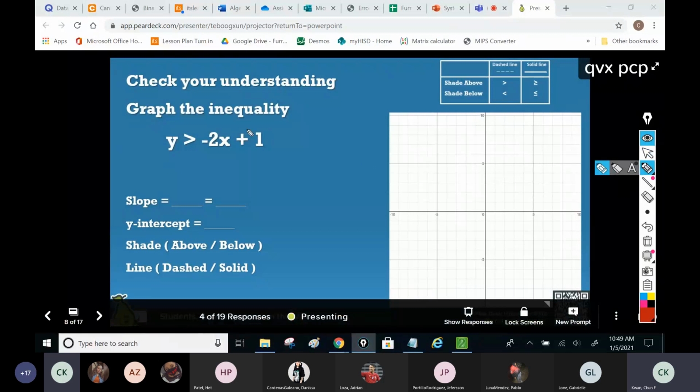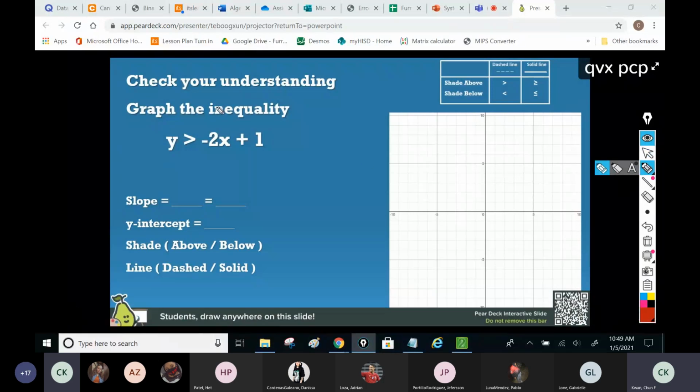All right, so when you are looking for the slope, it is the number in front of the x. It's the number in front of the x. So x is not part of the slope, okay? X is not part of the slope. And then also the sign right here, the negative sign, it is part of the slope.